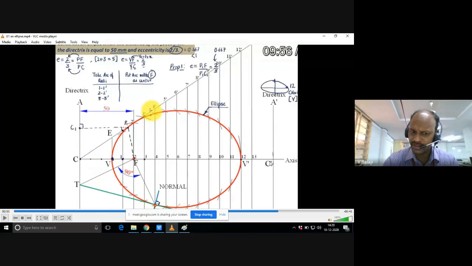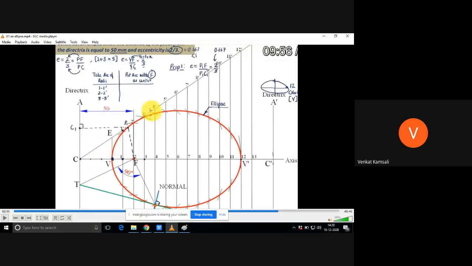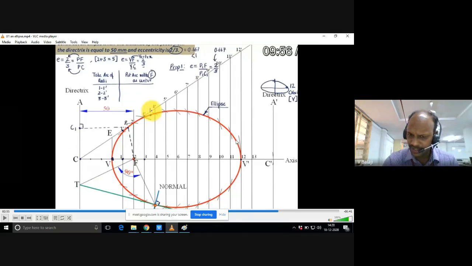Towards C dash. On the 11th line, if there is a point, how will we find the tangent? If it is here, towards C dash, you simply join that point to the focus only. Focus only.